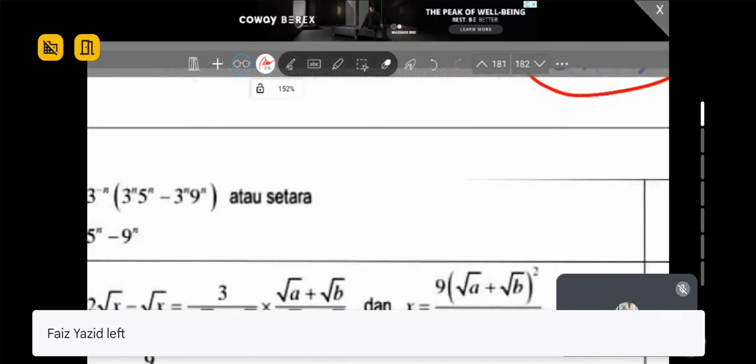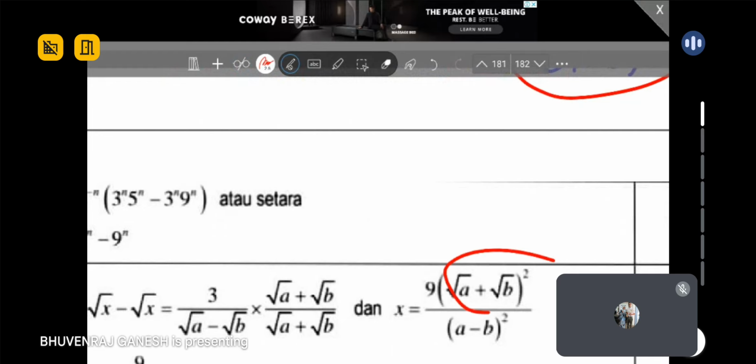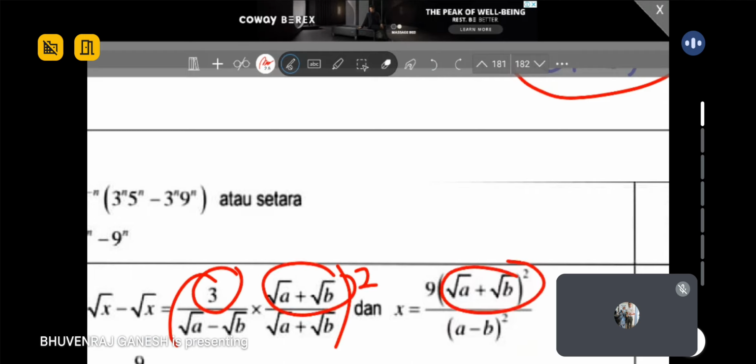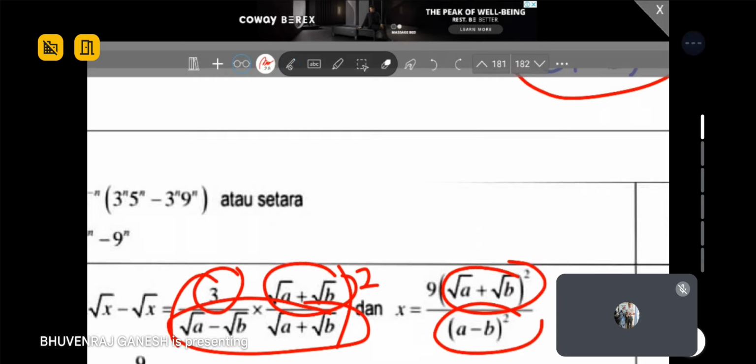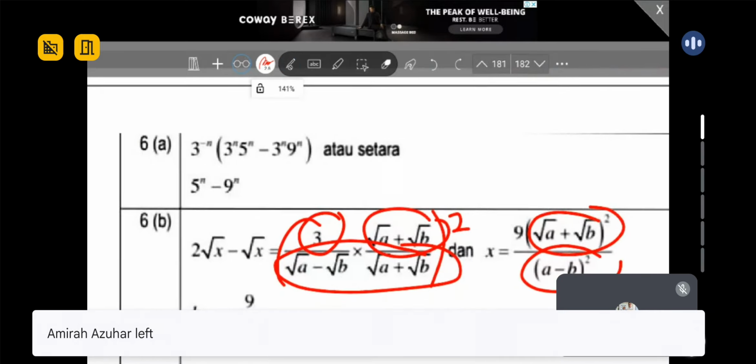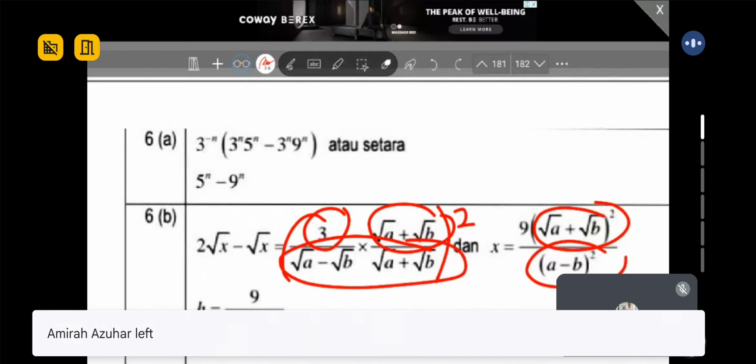Square, square, up and down. This whole thing is squared. So 3 squared is 9, and this one is A minus B, so A minus B squared. Understand? So H equals 9 over A minus B squared.